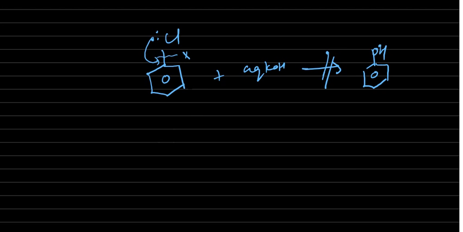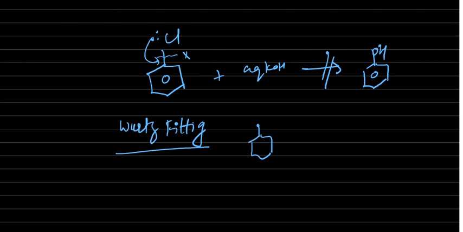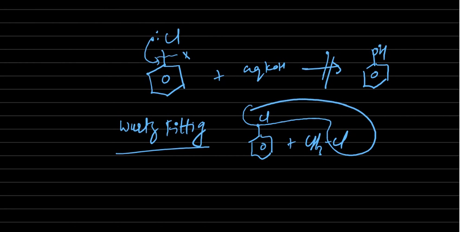But in the Wurtz-Fittig reaction we can break that bond and make toluene. What we are doing here: aromatic plus aliphatic halide, these two bonds break in the presence of sodium, forming benzene plus methyl, that is toluene or methyl benzene, right? This is the advantage of this reaction.